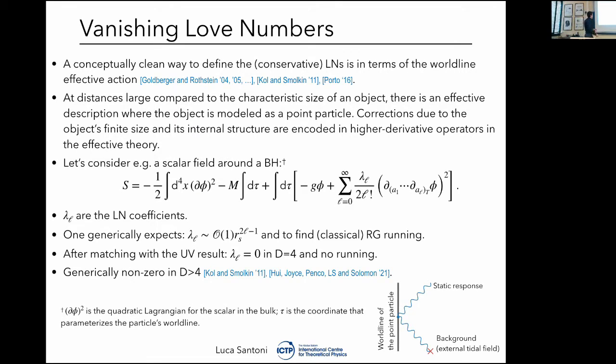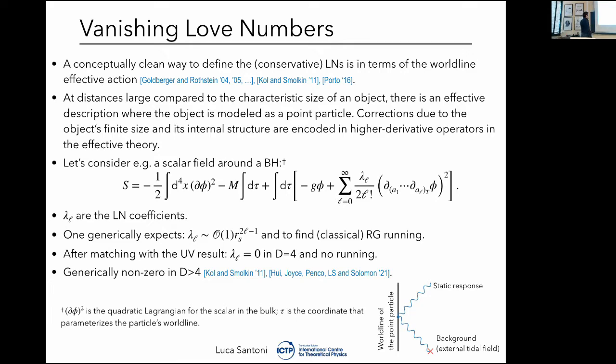And in this framework, the effective field theory, the Love numbers are basically the coefficients of these relevant operators. In principle, you can also add a coupling. This coupling would be the analog of the hair for the black hole.